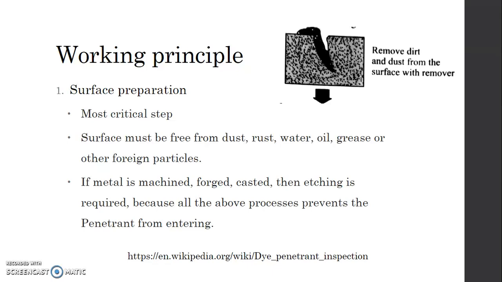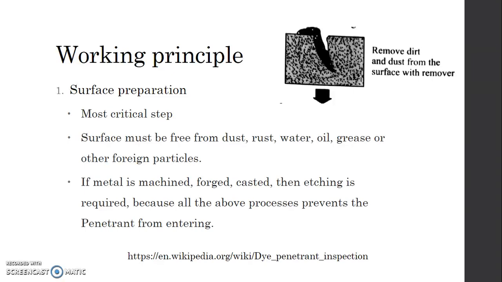Otherwise the liquid will not penetrate into the defects. So surface preparation is very important, because there may be dust, water, oil or grease on the surface.